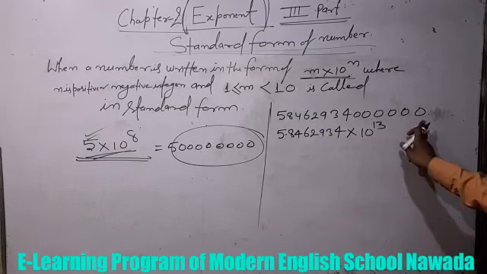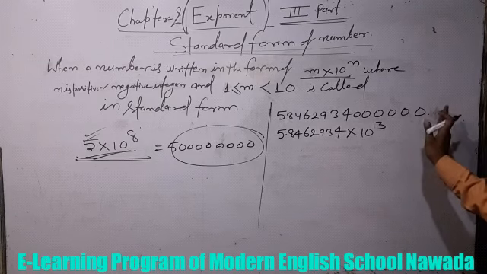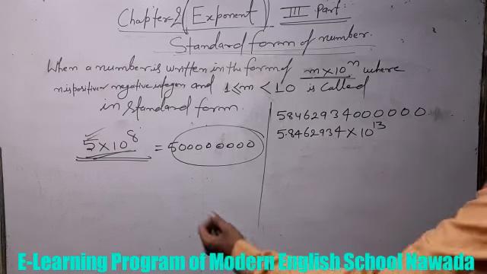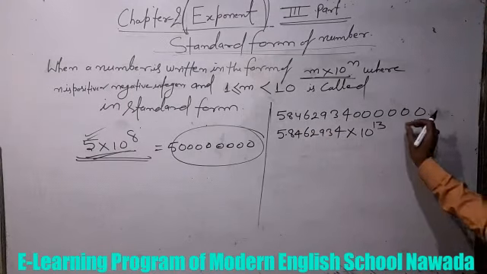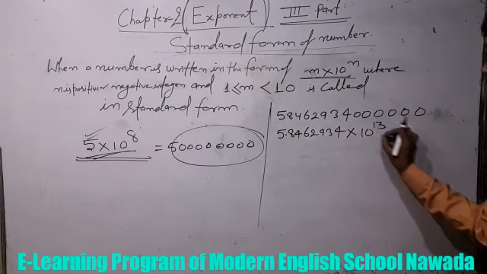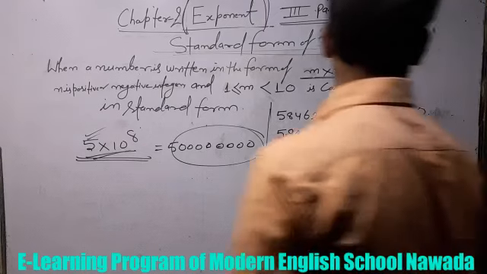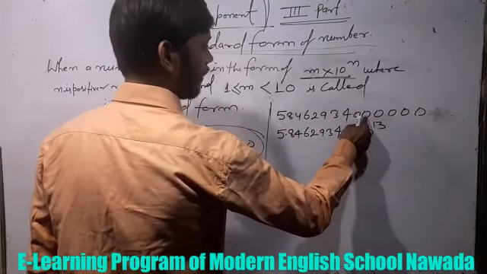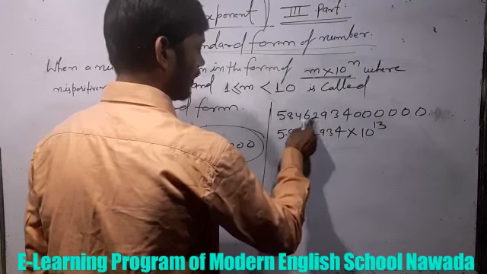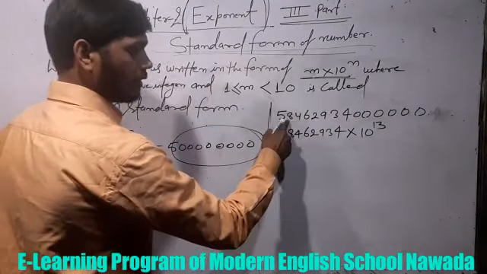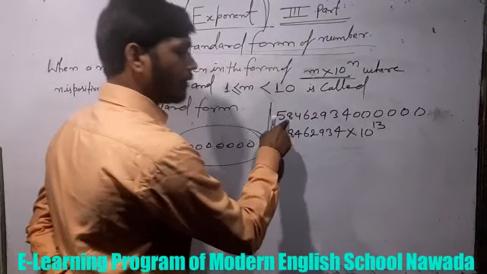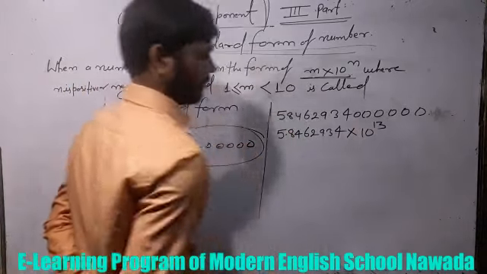The point comes from there to here. When the point moves from right to left, the power is positive. Counting 1, 2, 3, 4, 5, 6, 7, 8, 9, 10, 11, 12, 13, 13 digits, so its power is 13.